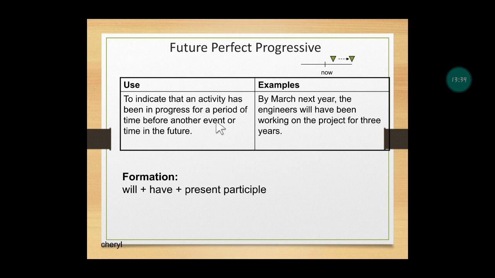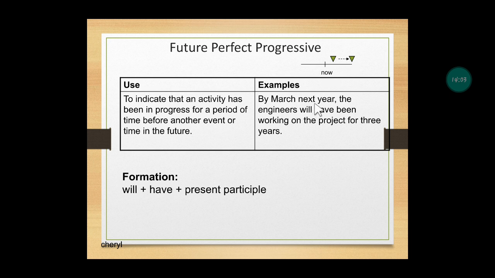Future perfect progressive tense. To indicate that an activity has been in progress for a period of time before another event in the future.